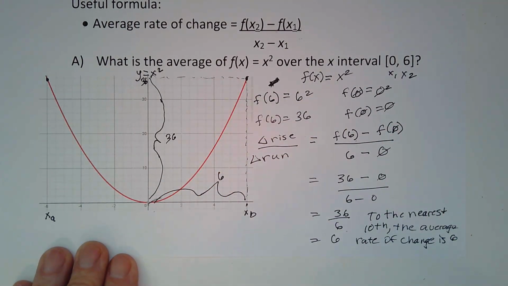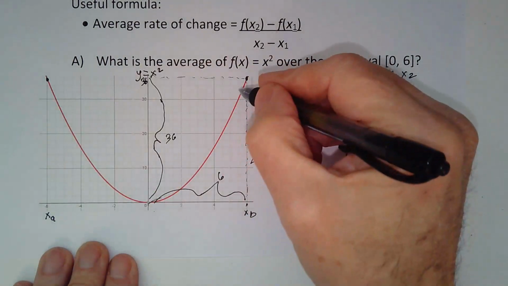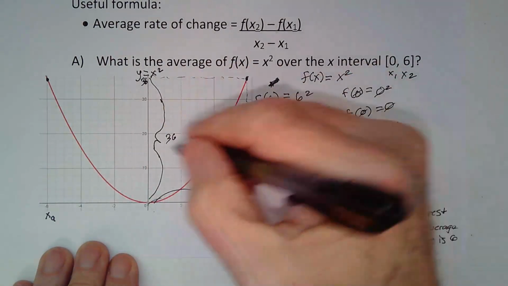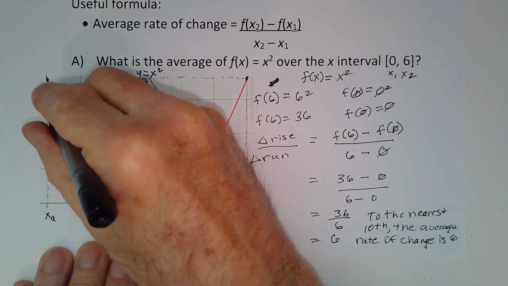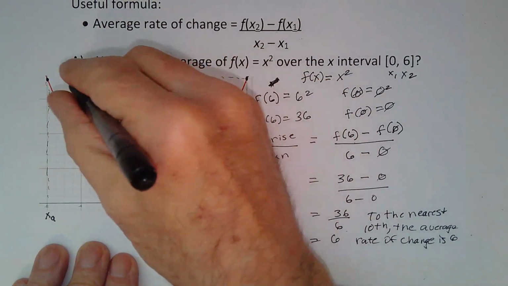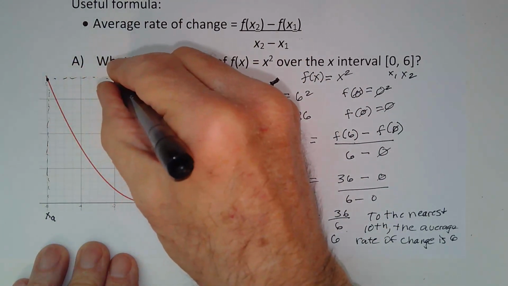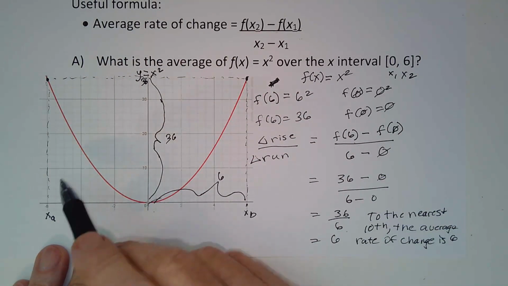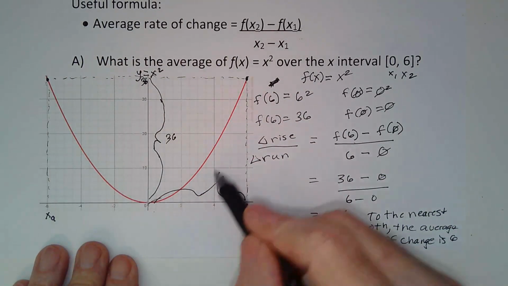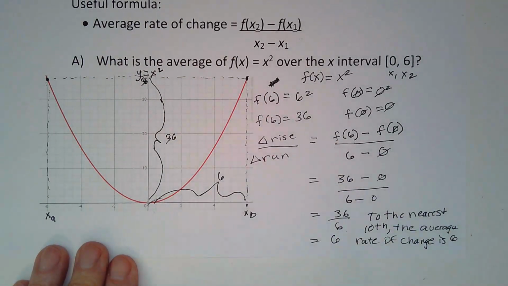All right? So again, it's important to understand, though, that you not only have this over here, you've got it over here. So if I took negative 6, I'm sorry, 36 over negative 6, I got a negative slope going over here, and then over here I've got a positive slope.